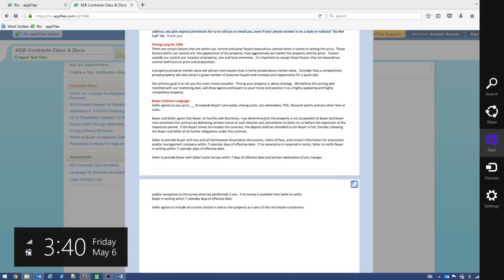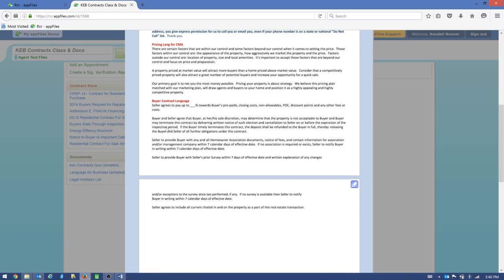Because a lot of lenders, if your closing costs and things don't add up to 3%, they just give the balance back to the seller. So the more you can throw into the mix, the more you're able to collect and have the buyer take full advantage of the entire 3%.